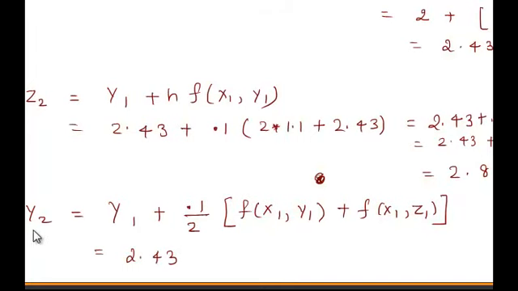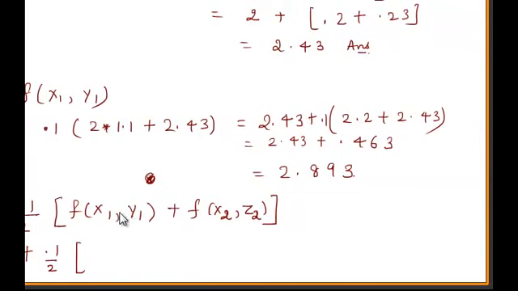For y2, we need to plug in x1 y1, which is correct here, but here I should use the z2 intermediate value, so x2 z2. f of x1 y1 is what?